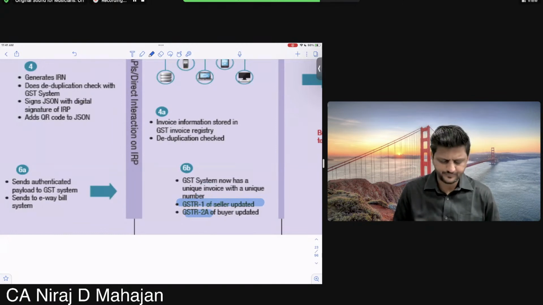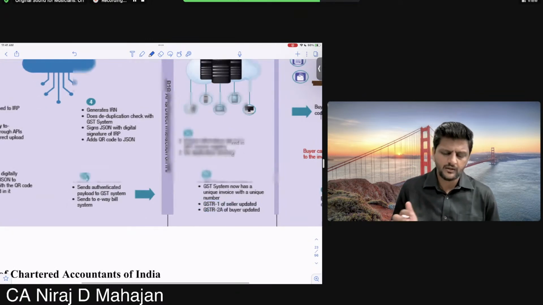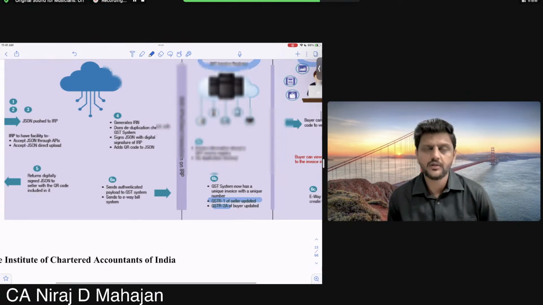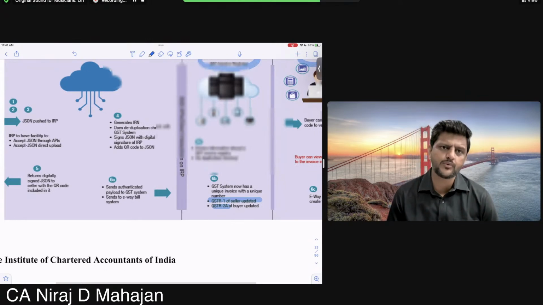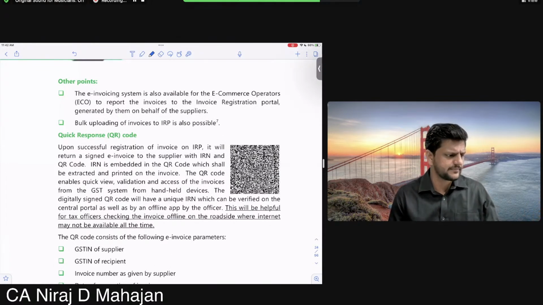Fine. Other points. The e-invoicing system is also available for e-commerce operators. We have done e-commerce operators. Tell me, where had we done them? In income tax also we had seen, TDS. Tell me.